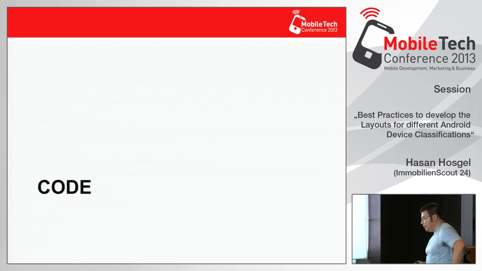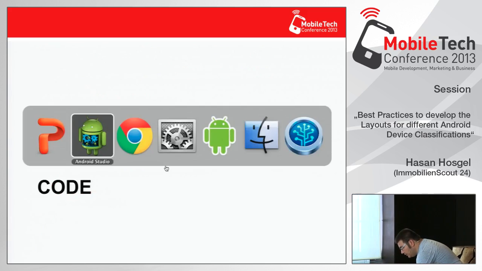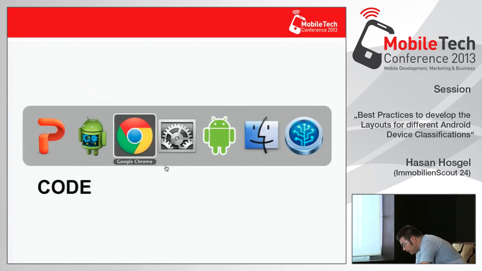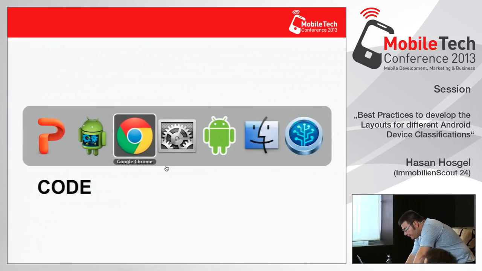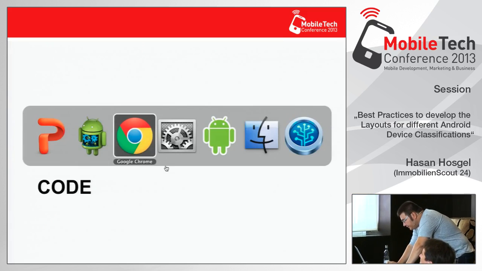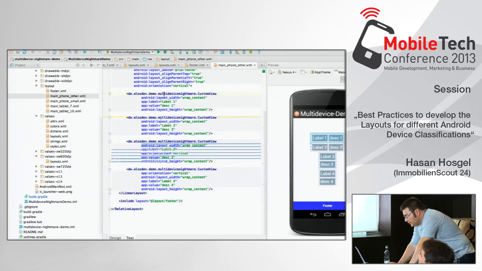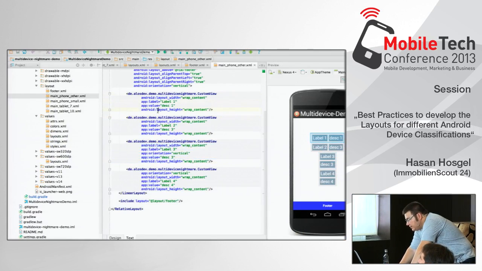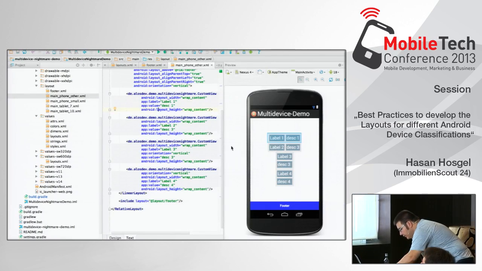And now again to the code. Here you can see it again. We have defined different custom views, and in every custom view we have different definitions. And you can also see it on the right side.